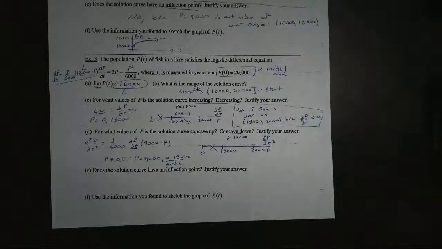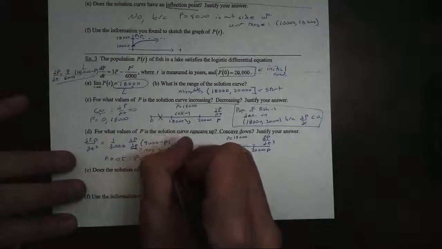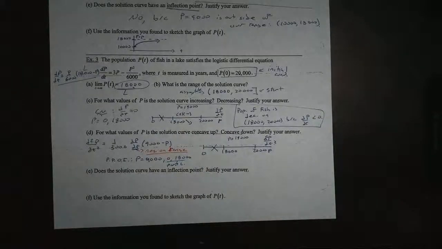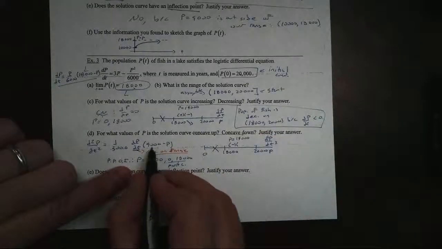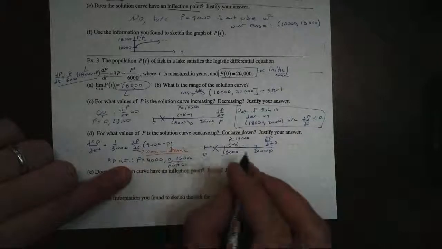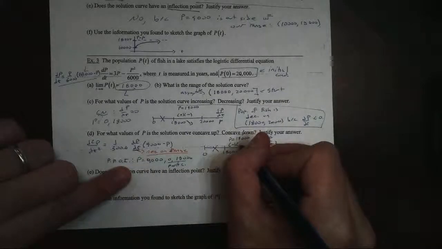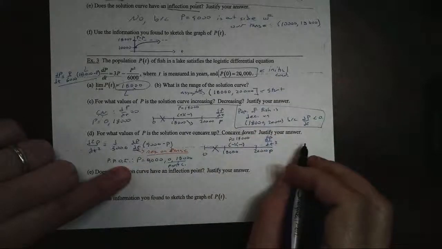In this case, dP/dt is negative on the range here. It's negative on the range, because up here we proved it was negative. So my first factor is going to be negative, always. But if I plug in 19,000 over here, I get 9,000 minus 19,000, which is also negative.